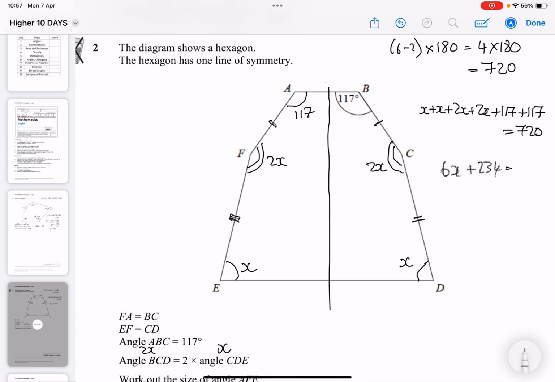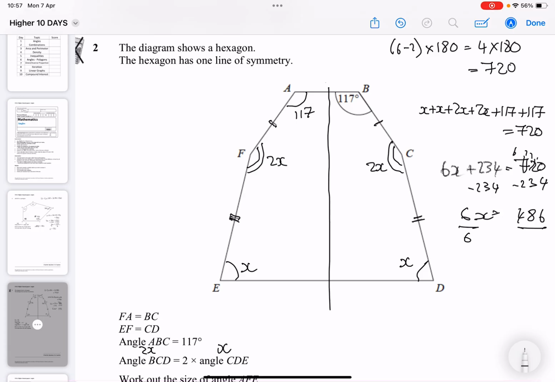Equals 720. Take away the 234. So it gives me 6x equals, let's do this, 10 take 4 is 6, 11 take 3 is 8, 6 take 2 is 4, so that's 486.